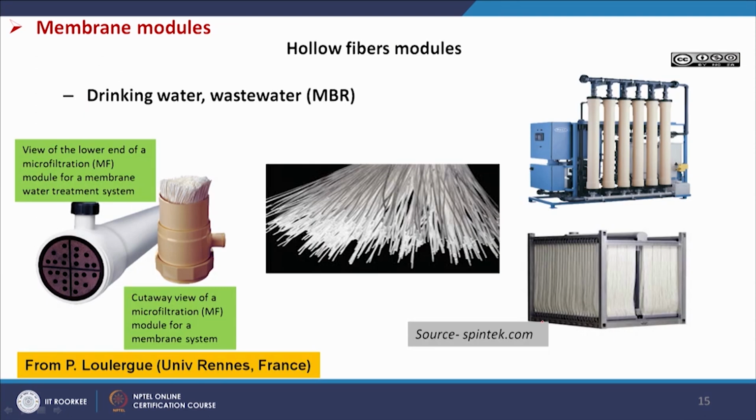That is used for drinking water and wastewater treatment, and you see here these are the hollow fibers. A number of fibers are taken here. Water may go from the outside and from the inner side we will get the permeate, the treated water. This type of module is available for different applications, for the production of drinking water and treatment of wastewater as well.